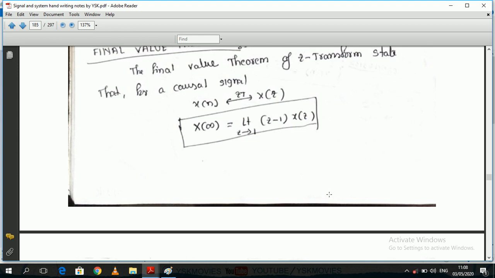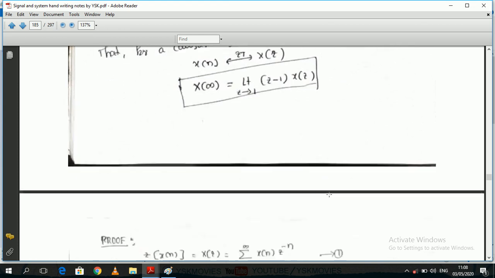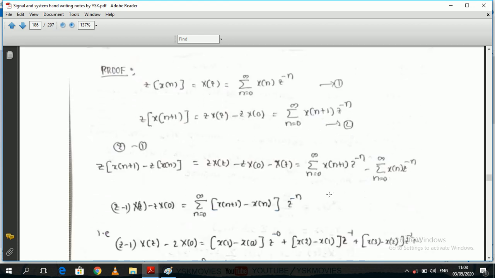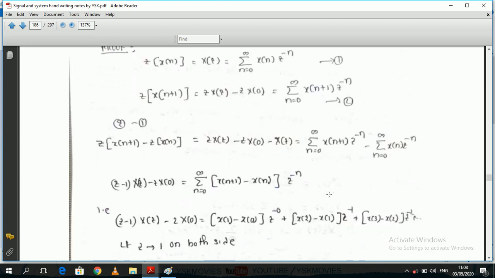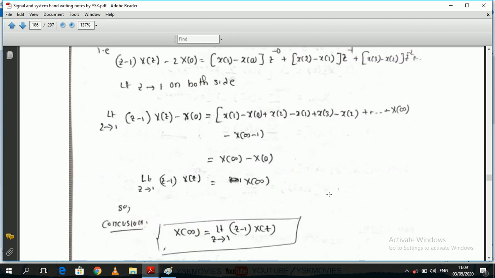Because z equal to 0 means radius equal to 0, and radius equal to 0 means the circle becomes a point circle, so how can you observe that? That is the reason we move to 1, and that is the reason we consider a unit circle while drawing ROCs. So the limit as z tends to 1 of z minus 1 times X of z. You can pause it and solve this problem.